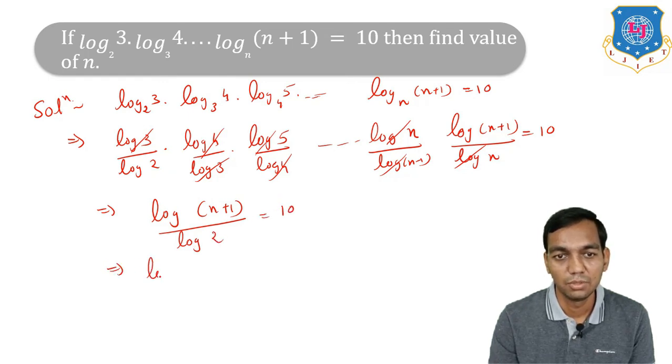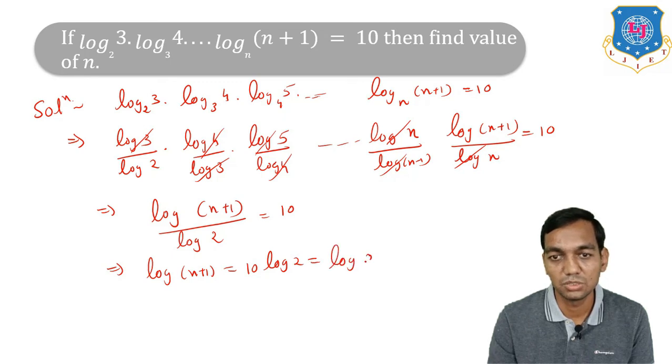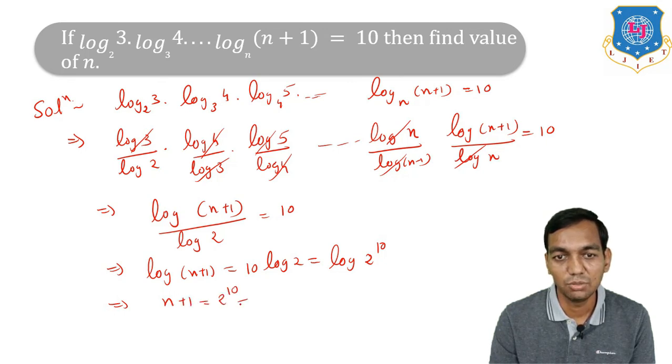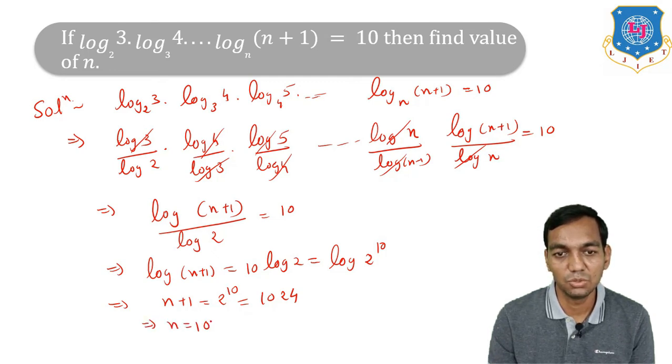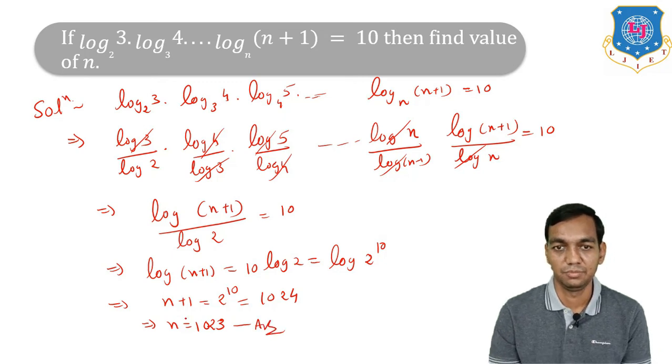And now log of n plus 1 is equal to 10 log 2, and that will be log of 2 raised to 10. So log is going to be cancelled out from both sides, n plus 1 is 2 raised to 10. Now 2 raised to 10 is what? 1024, correct? Okay, so this will give you n is equal to 1023, and this is the answer.